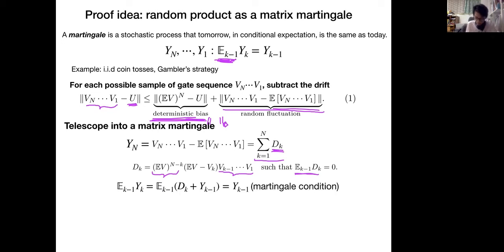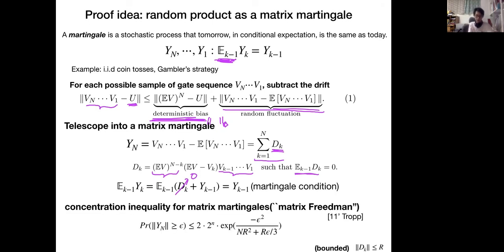It actually satisfies the martingale condition, since these differences are 0 in conditional expectation. That's very nice. We can just call a very powerful concentration inequality, called matrix Freedman. In fact, it was invented by one of the authors.